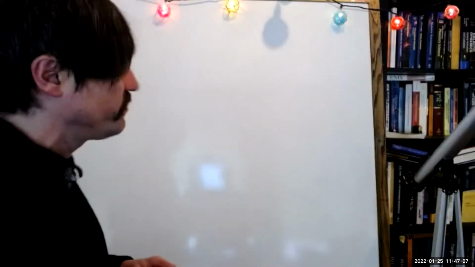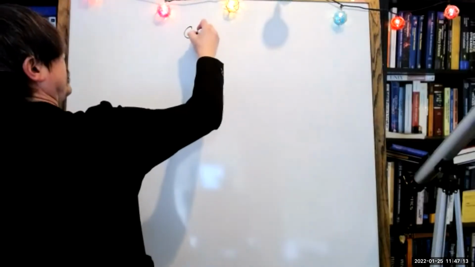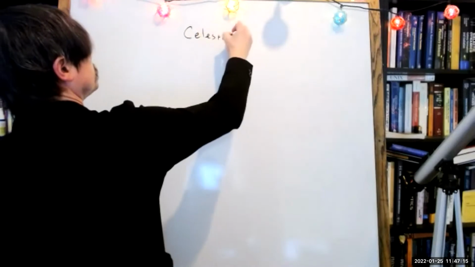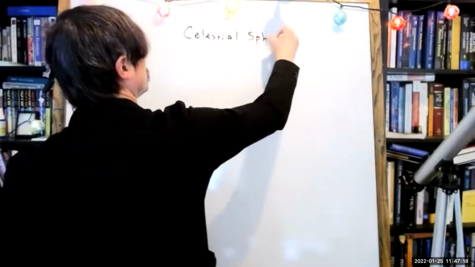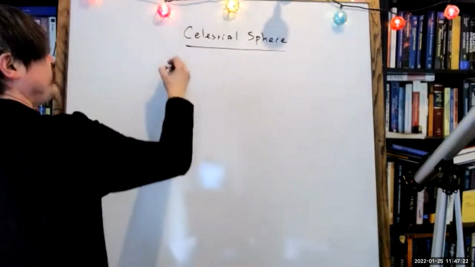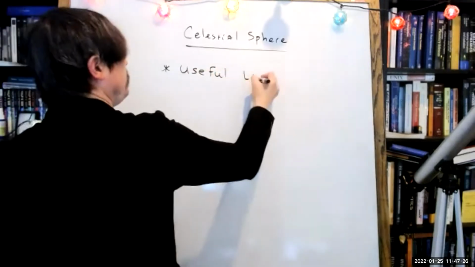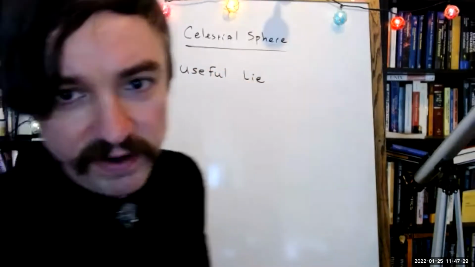So the first thing that we're going to do is define a model of the sky similar to that globe that I just showed you, and that's called a celestial sphere. So here are some notes that we can take on the celestial sphere. The celestial sphere is a useful lie. It's better than the truth, as lies often are.